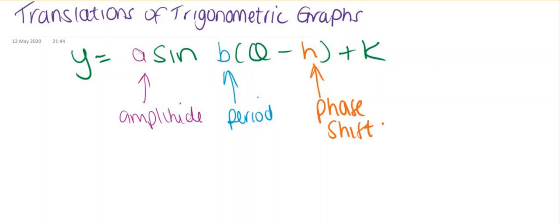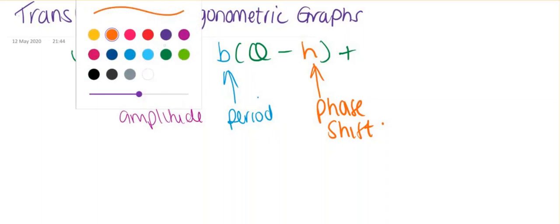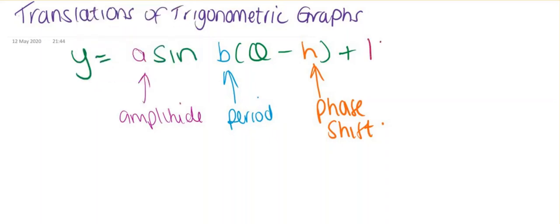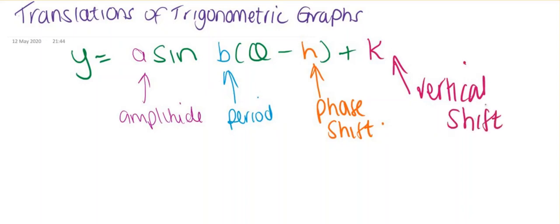And then we have k. We will change k, and k is the vertical shift. So the phase shift is left and right, and the vertical shift would be up and down.